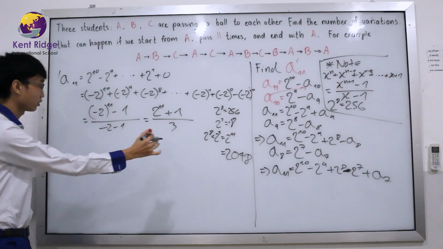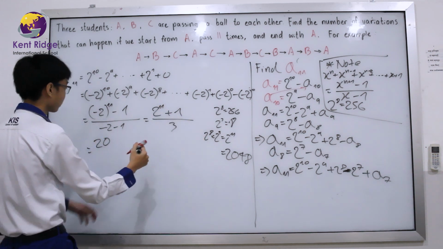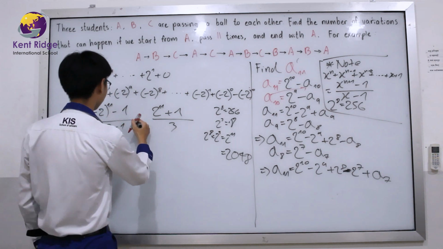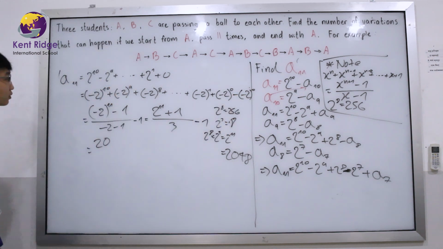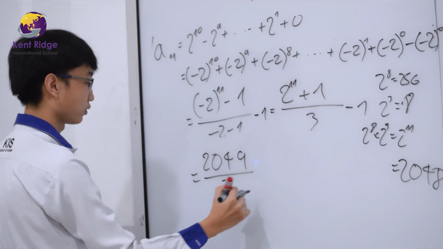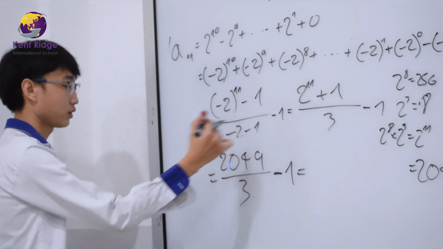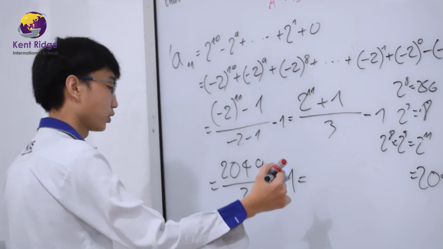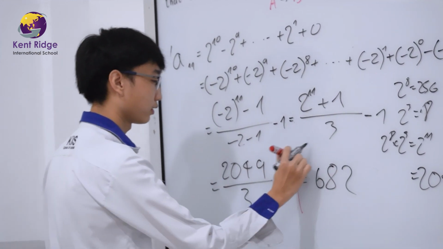Okay, 2048 plus 1 would be 20... Oops. Okay, I forgot the minus 1 from right here. 49 over 3, but that's also a minus 1 there. And this calculation would be equal to 682, which will be our final answer.